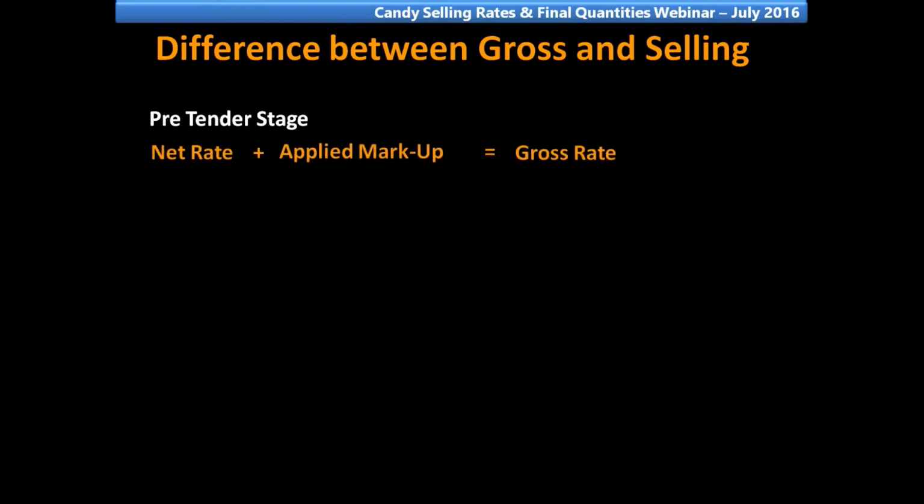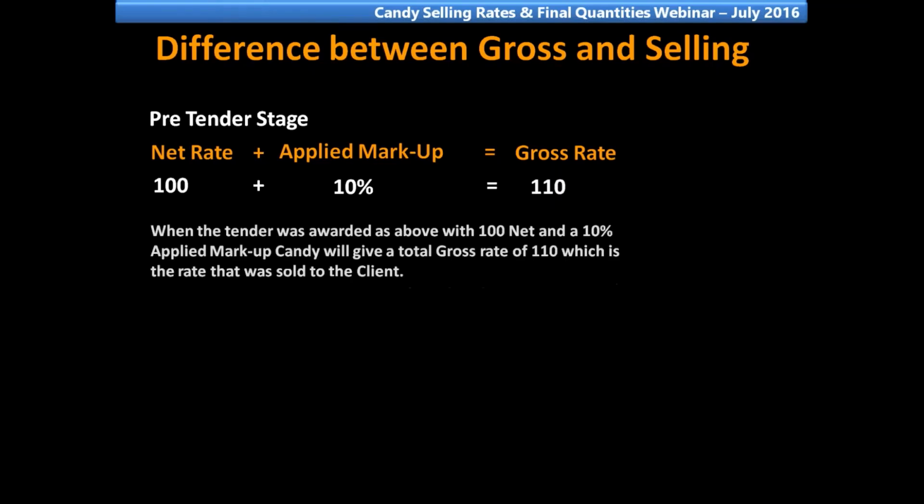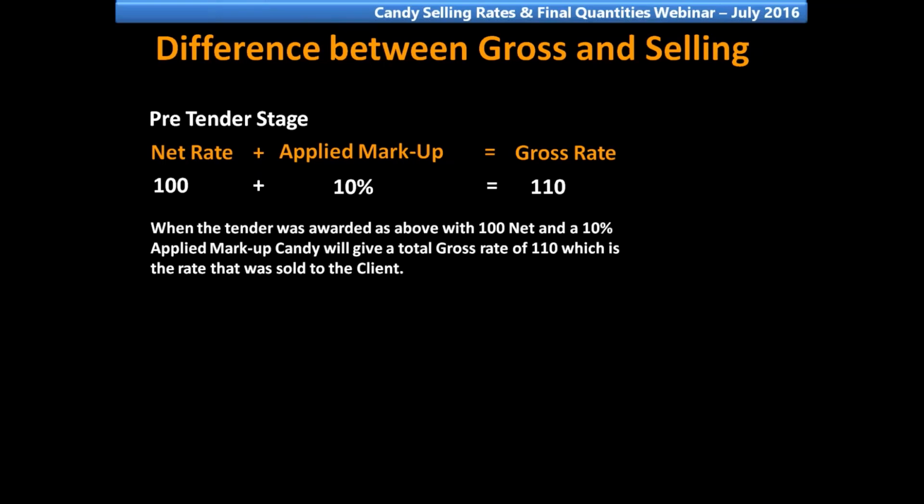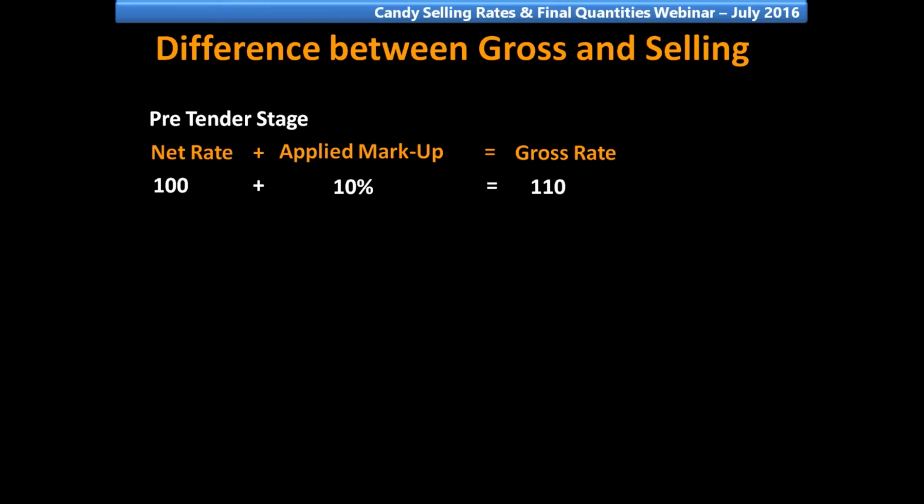At post-tender stage, net plus applied markup equals gross rate. So 100 plus 10% gives us 110. When the tender was awarded as above with 100 net and a 10% applied markup, Candy will give a total gross rate of 110, which is the rate that was sold to the client.